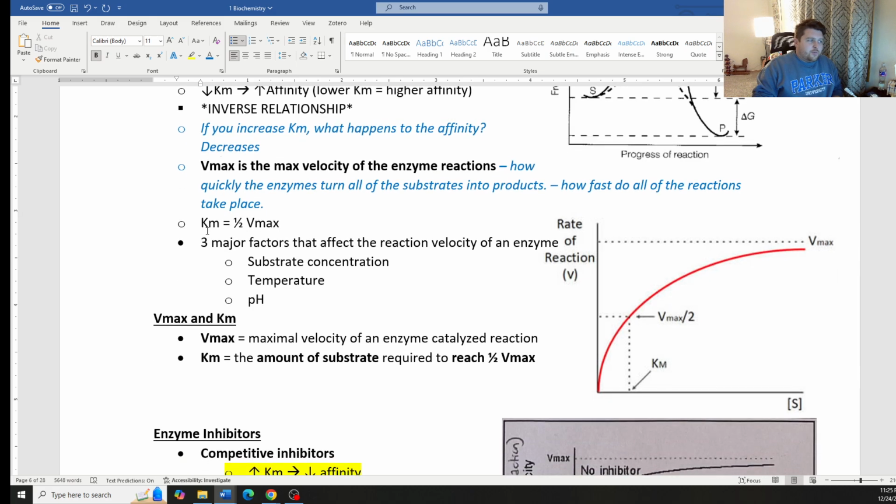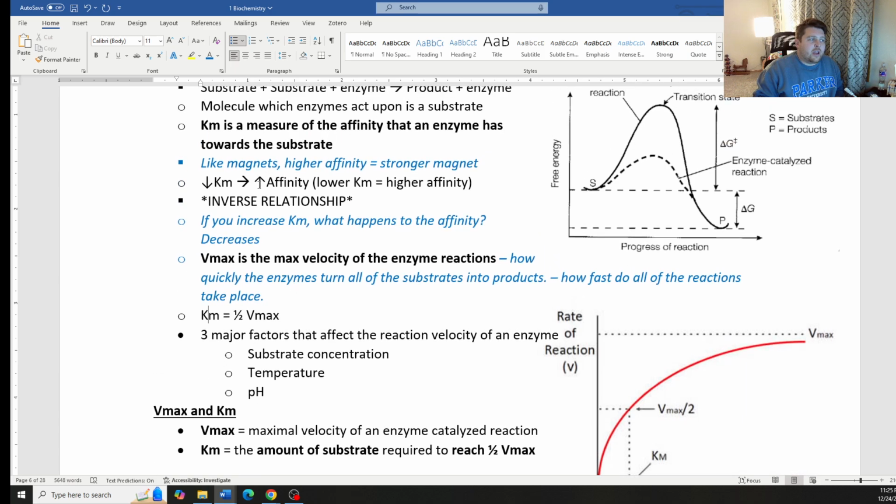And we get this formula, Km equals 1/2 of Vmax. So these two things are related. You think about it, if we have more affinity, the greater the affinity, more likely we are to have everything happen quicker.